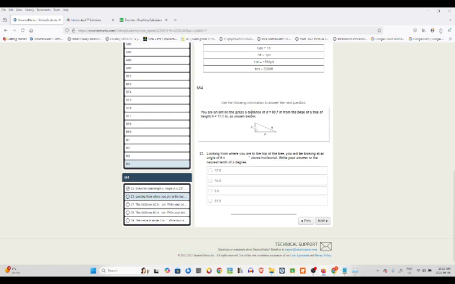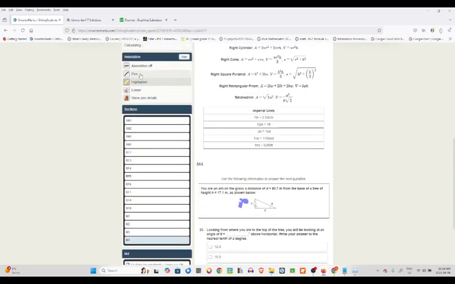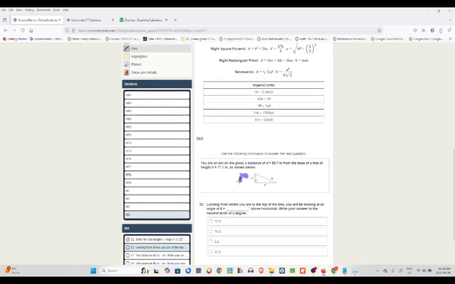From here, you are an ant on the grass, a distance of 80.7 meters from the base of a tree of height 17.1. We want to find the angle to the nearest tenth of a degree. This is another tan question. The pen is better. Also mightier than the sword.